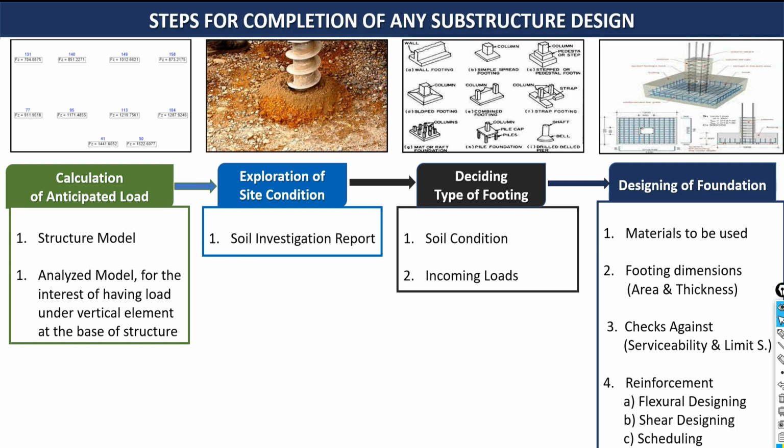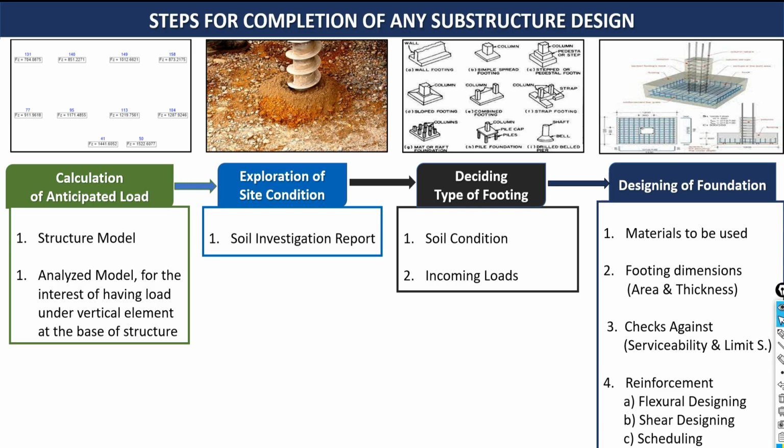First is your soil condition, and many things are included in the term soil condition. Got it? Means what is the capacity of the soil, what are the different engineering properties of the soil, what is the water level. Many things come under the soil condition. That is the first thing.